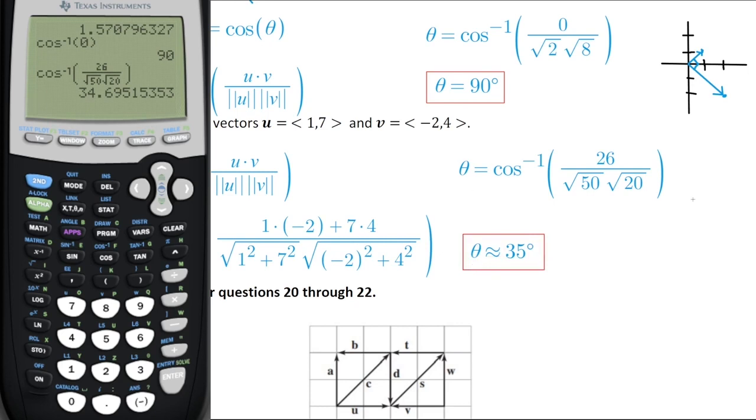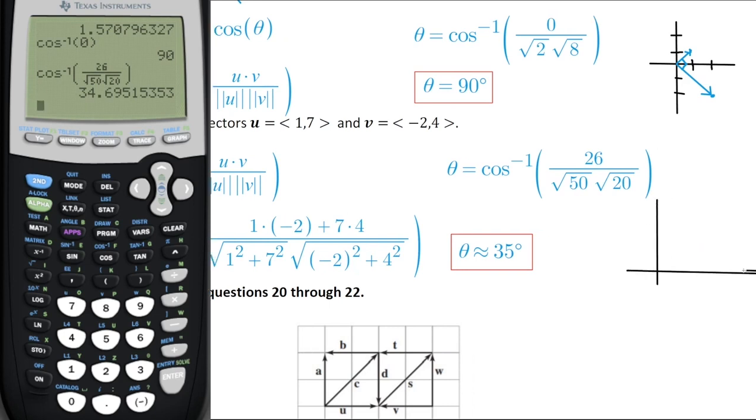All right, so we've got 1, 7 and negative 2, 4. Let's see, I'm going to need, yeah, it should look something like this. So we've got 1, 7, and we've got negative 2, 4.